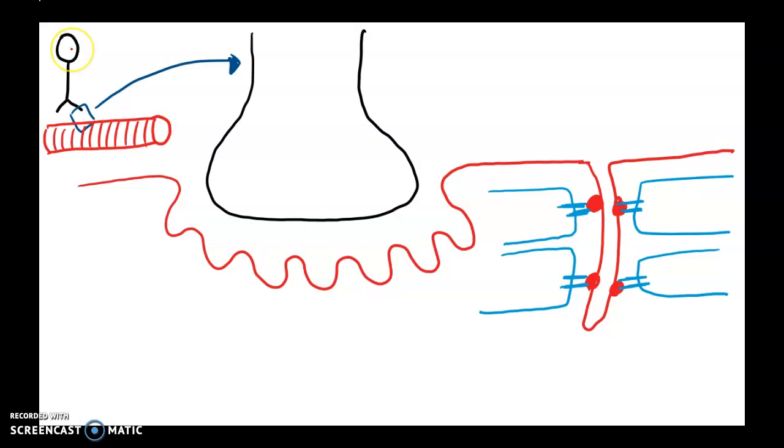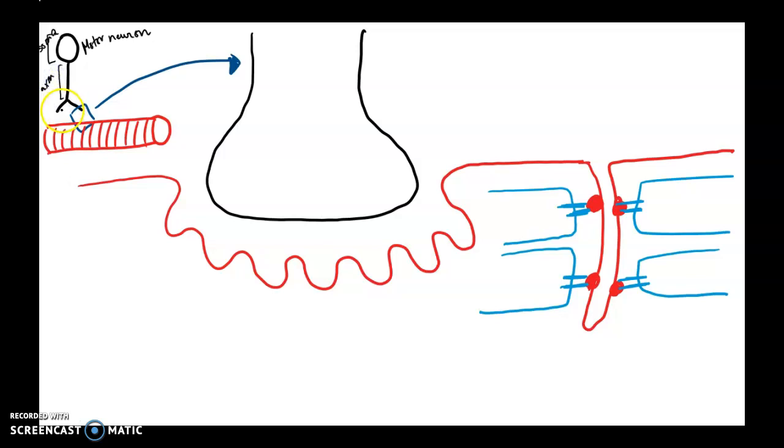Here, this is a motor neuron in black, modern art. So this is a motor neuron. If you look at this neuron, this part is the cell body or soma. The long part is the axon.